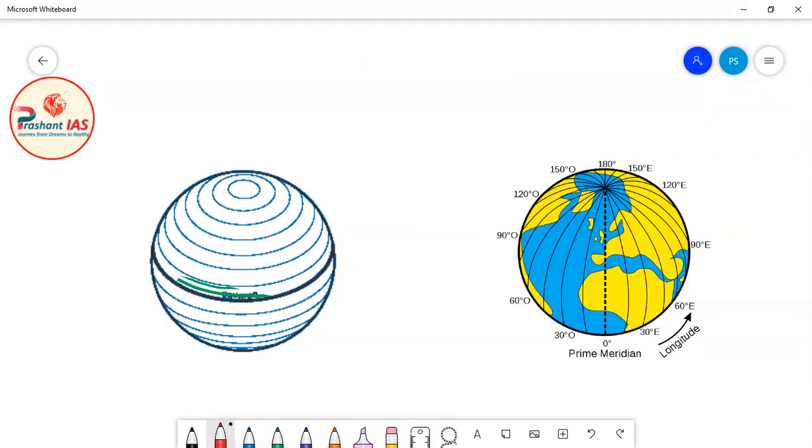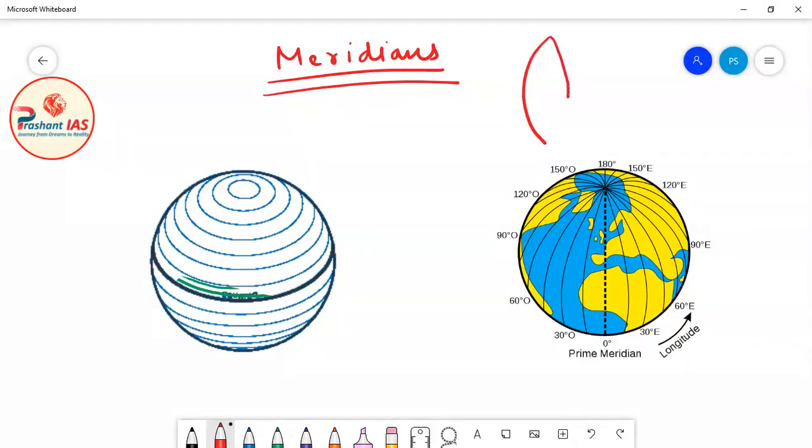Now friends, this is not only the case with latitudes, it is also the case with the meridians of longitude. Why? Because the distance between two meridians of longitude is also very large. It is largest at the equator and becomes 0 at the poles, but the distance between two longitudes is very large near the equator.